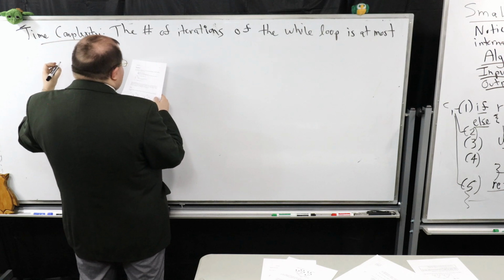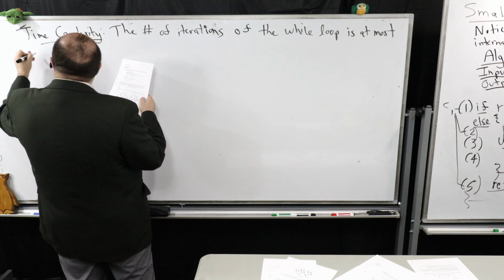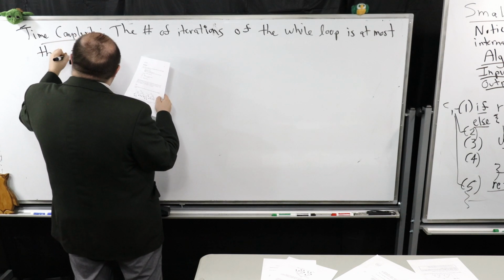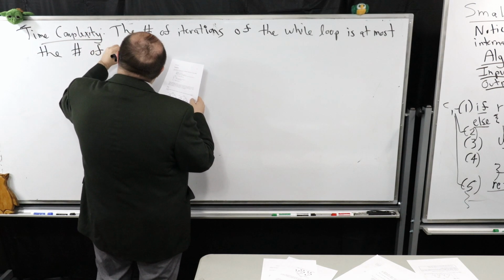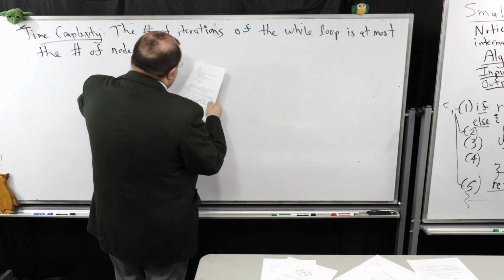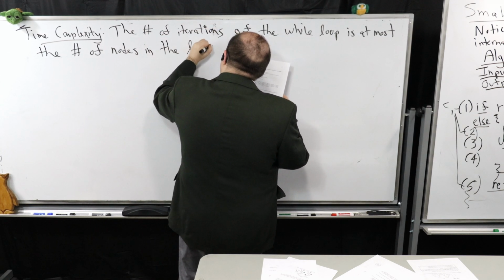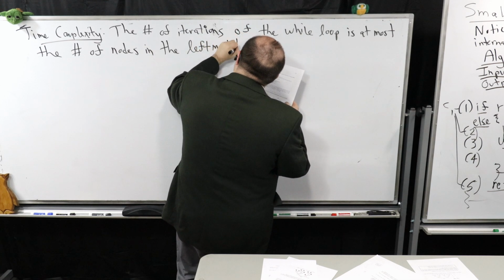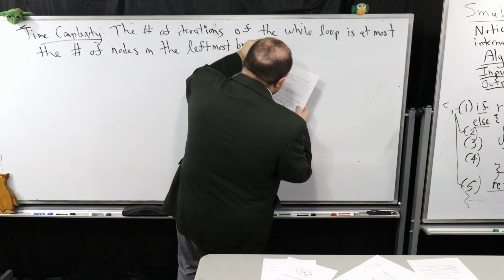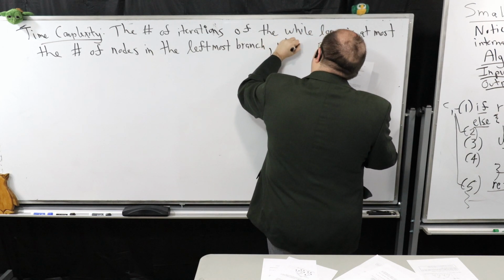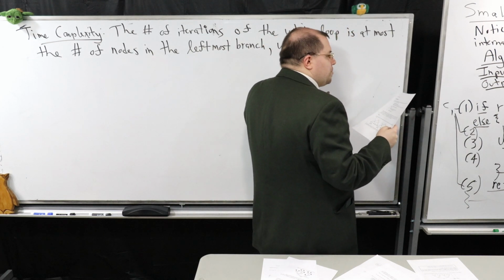So it is at most the number of nodes in the leftmost branch. If you think of it, we start at the top, right?